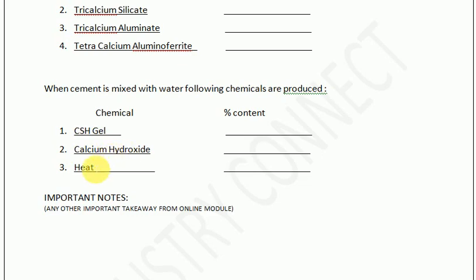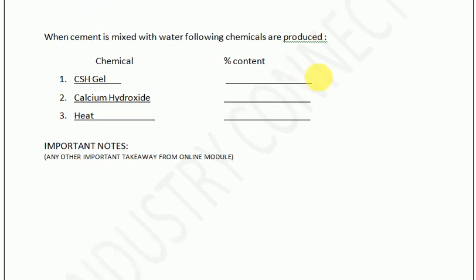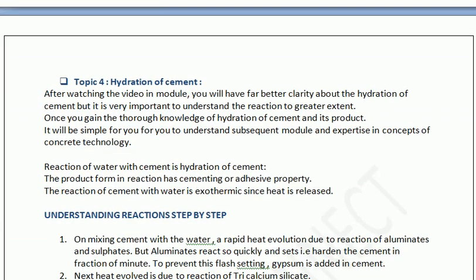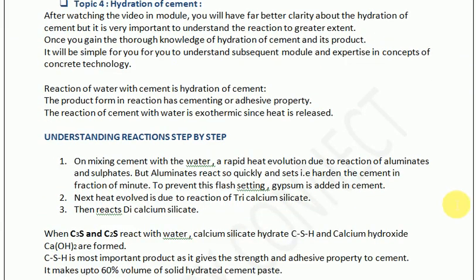So when dicalcium silicate, tricalcium silicate, tricalcium aluminate and tetracalcium aluminoferrate react, they form CSH gel, which is primarily responsible for the strength, and calcium hydroxide, which is the unwanted byproduct of the reaction, and the heat of hydration. Now let us understand the heat of hydration in the next video.